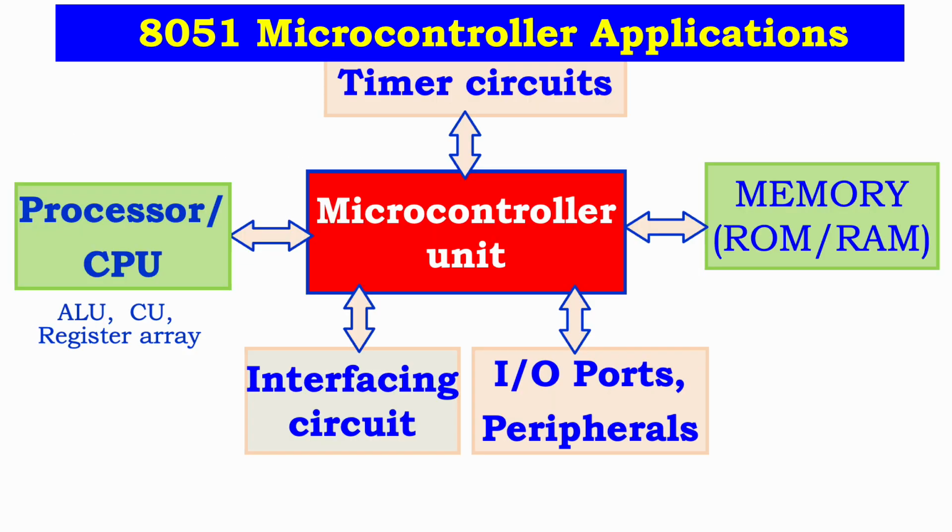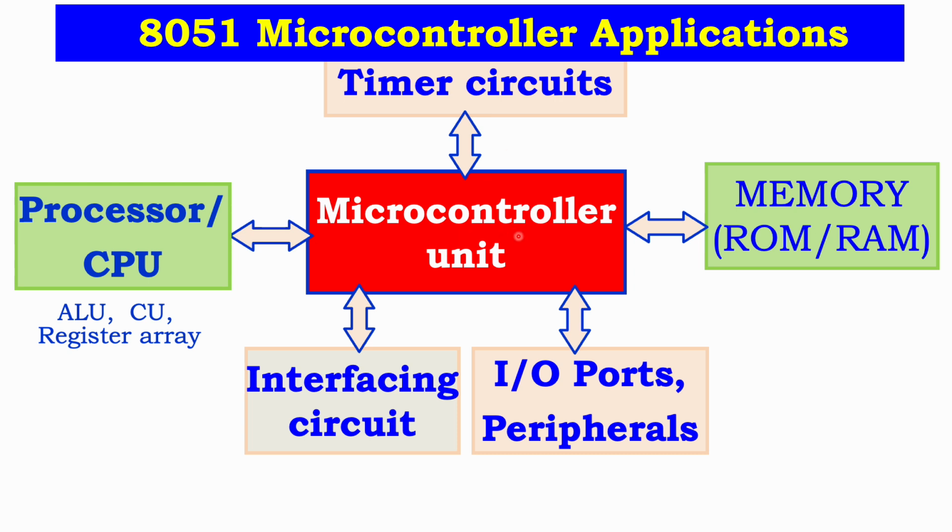Now let us see the diagrammatic view of the 8051 microcontroller, which we already saw in the previous video, where the entire operation is explained clearly. In this session I will review it within a short time.